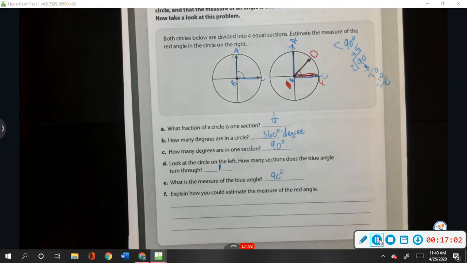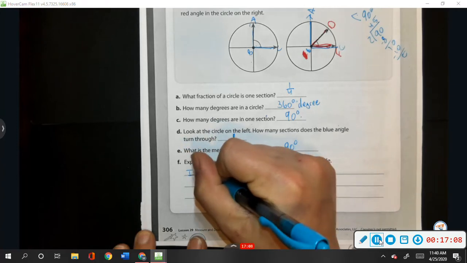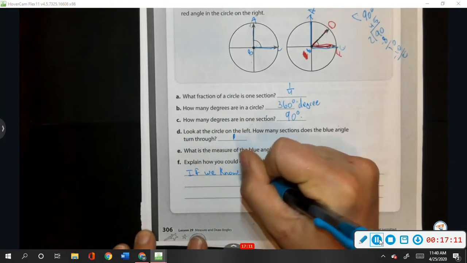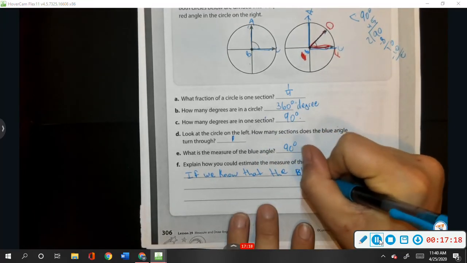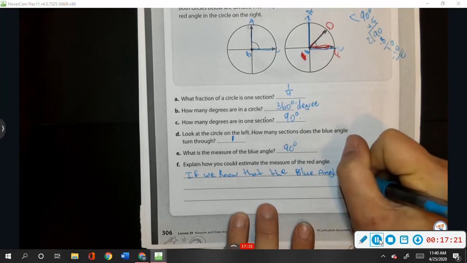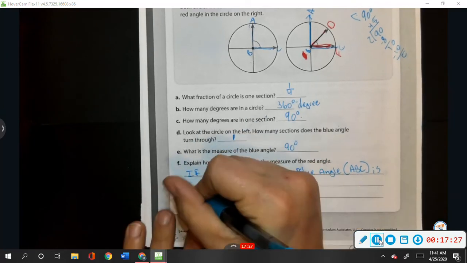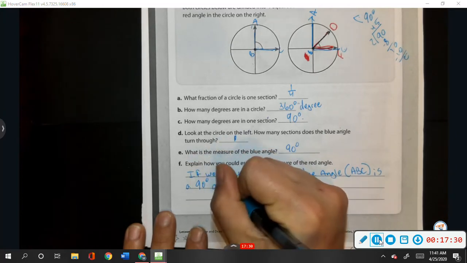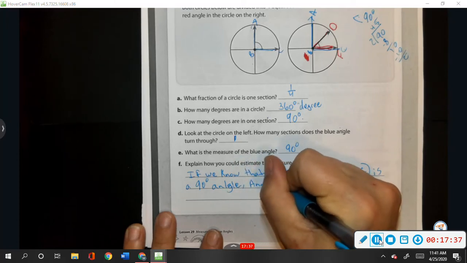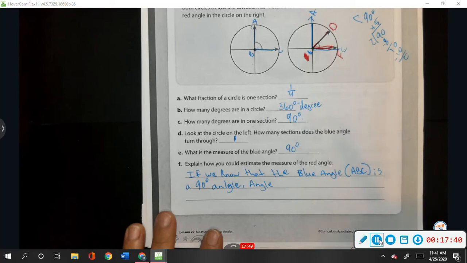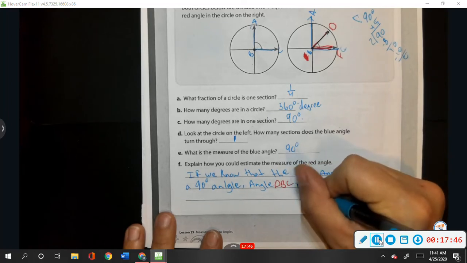So, our answer is going to look like this. If we know that the blue angle, also known as ABC, is a 90-degree angle, angle DBC is smaller.